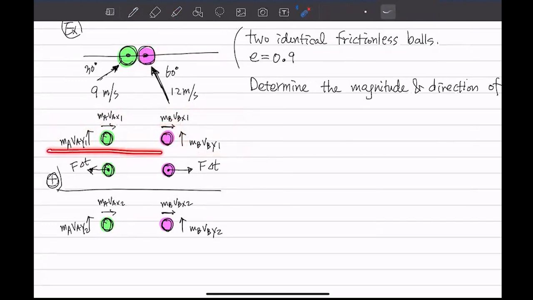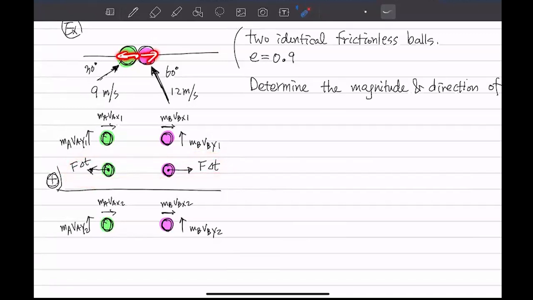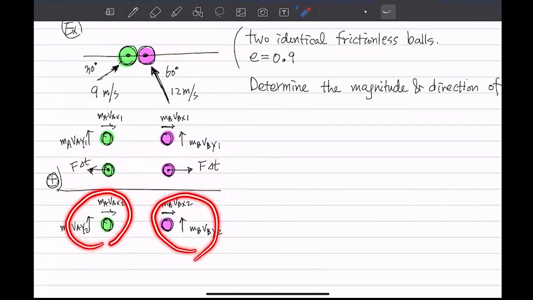and it's before it meets and come together, right? And this is what happens at the right moment when they meet, and there are forces or impulse we can think, and then right after they separate from each other, we can also decompose the velocity like that.